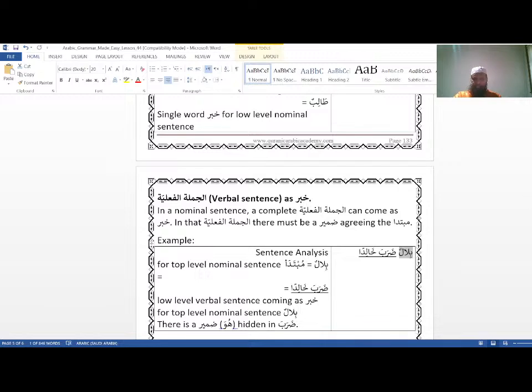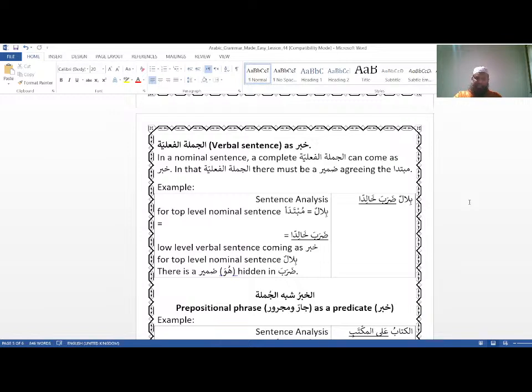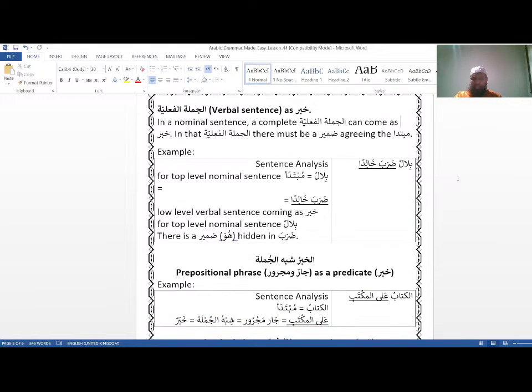Okay. Next, al-khabaru shibhul jumla. Shibhul jumla, a prepositional phrase, jar majroor, coming as a khabar. Al-kitabu: as soon as we see the definite ism and we cannot connect this ism to the next ism to make a phrase, we stop here.